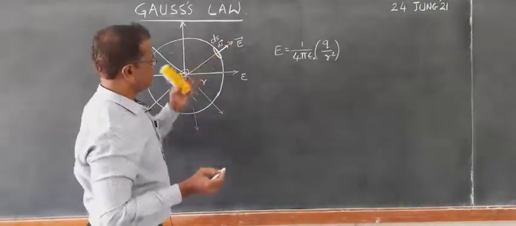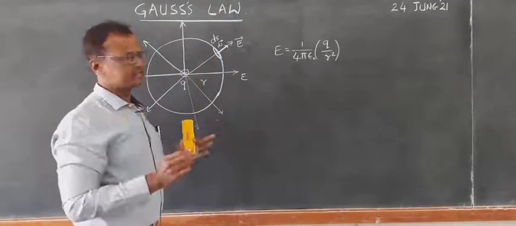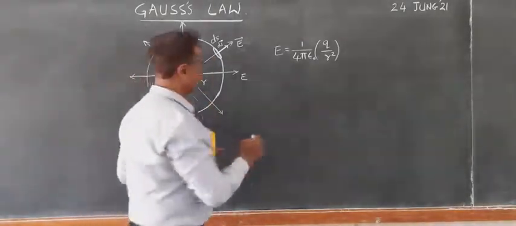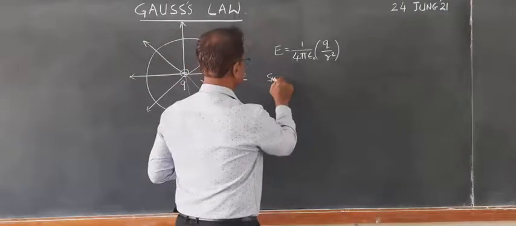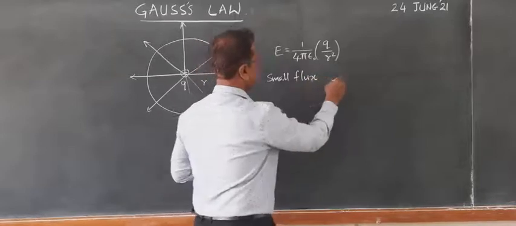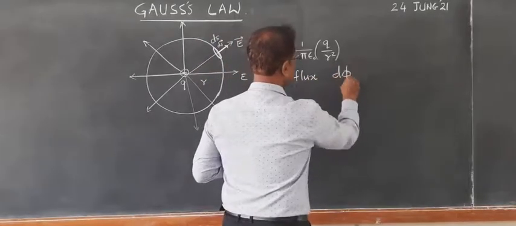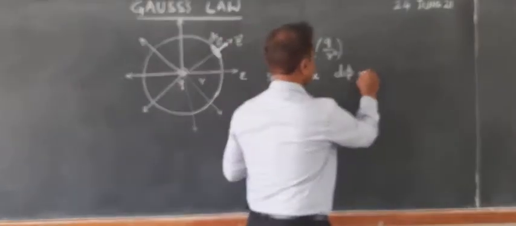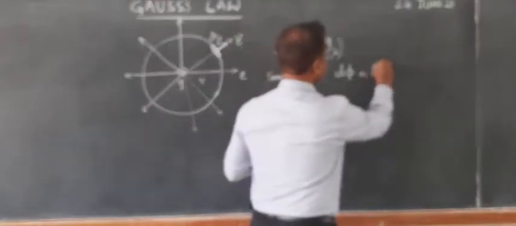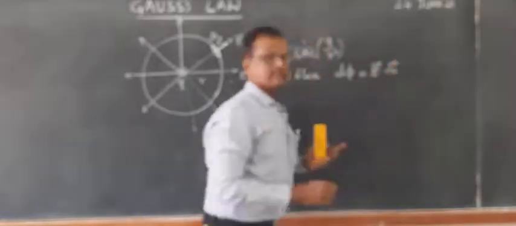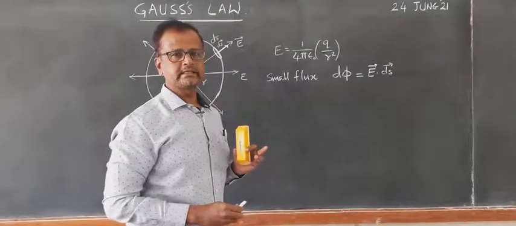So, I can calculate that small flux linking with this small area. The small amount of flux, if I call it d phi, linking with this small area, is given by E dot ds.